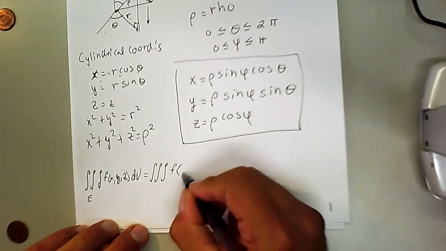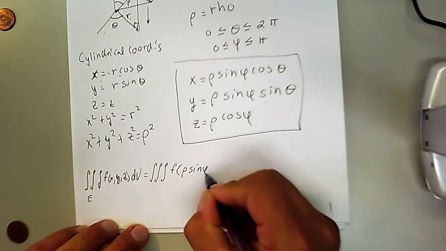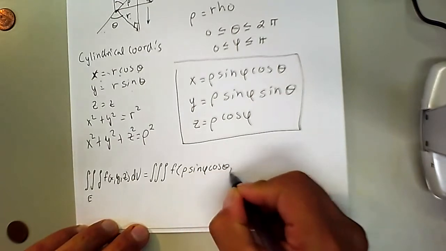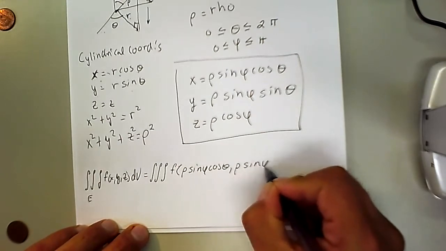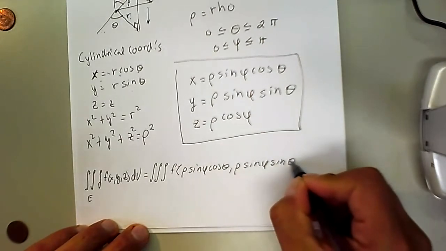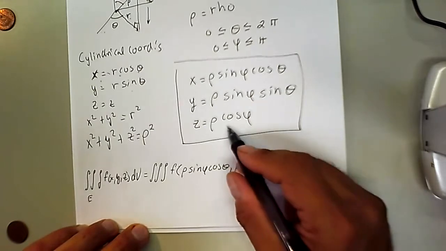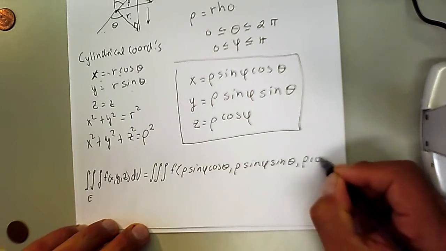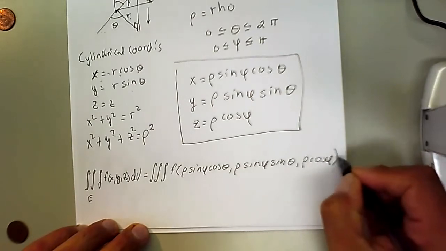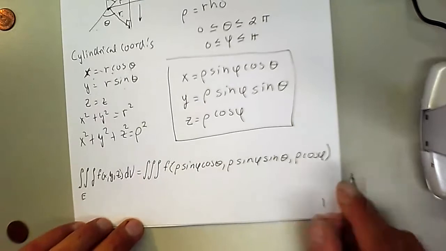So we're going to have rho sine phi cosine theta, comma, for y rho sine phi sine theta, and then rho cosine phi, close parenthesis. I'm running out of space there, so we've got to multiply.